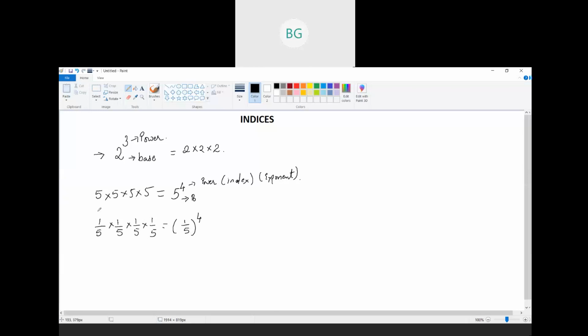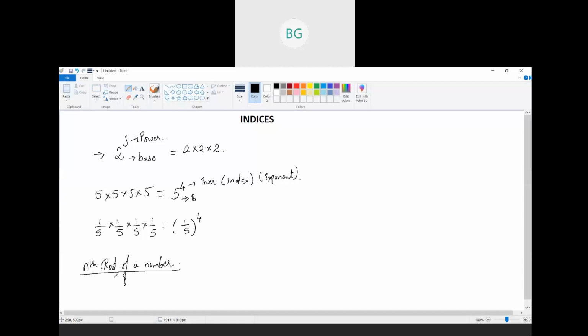Now we also have fractional indices. That is, the power can be written in the form of a fraction also. We use these fractions whenever we are finding the nth root of a number.